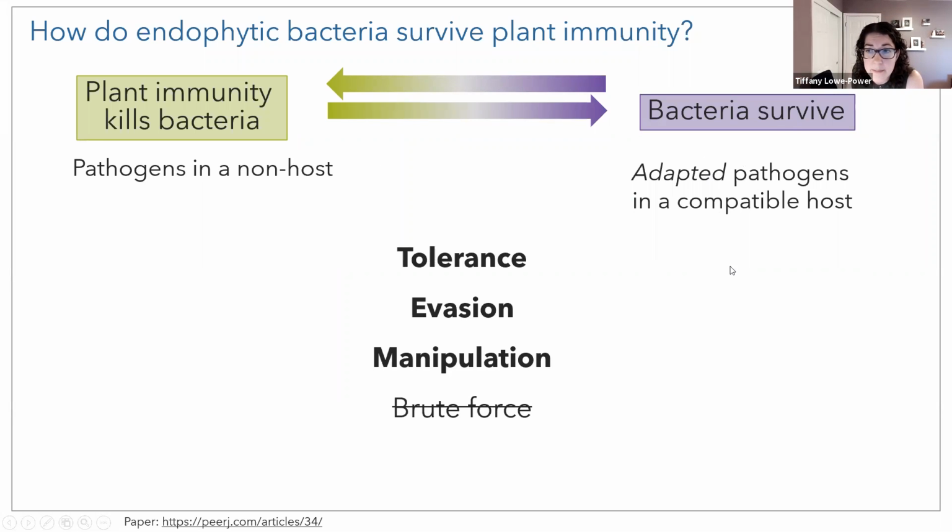The major strategies that bacteria have for tolerating plant immunity are first just a general tolerance, being able to survive some of those stresses. There are also strategies that allow them to evade, and then strategies that allow them to manipulate and control plant immunity. I crossed out brute force because that's not really a strategy that many bacterial pathogens use.